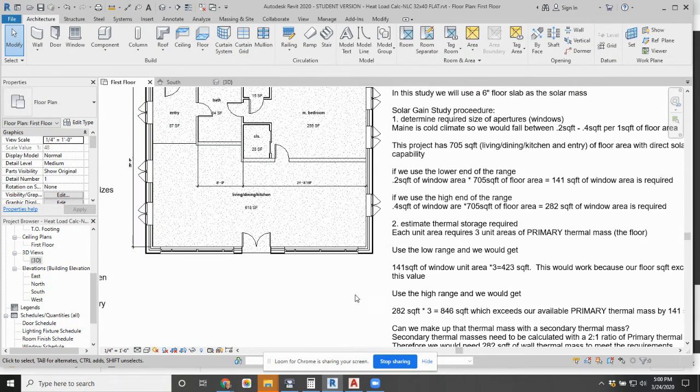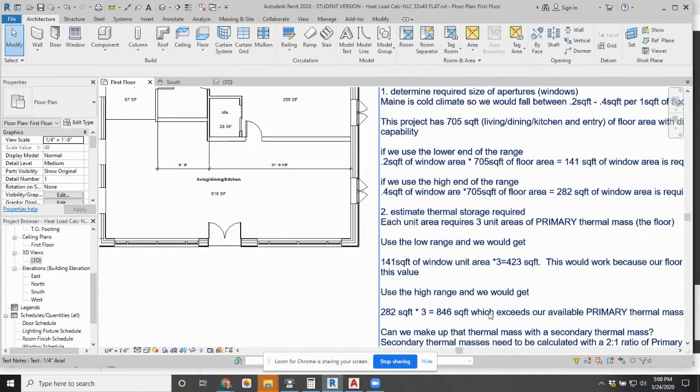So if I take the 141 square feet of window area times 3, I need 423 square feet of floor area. And that would work because I've got 705 square feet of floor area. So I have more thermal mass than needed if we go with the lower range, okay? And that lower range is based off of that 0.2 square feet of window area per square foot of floor area.